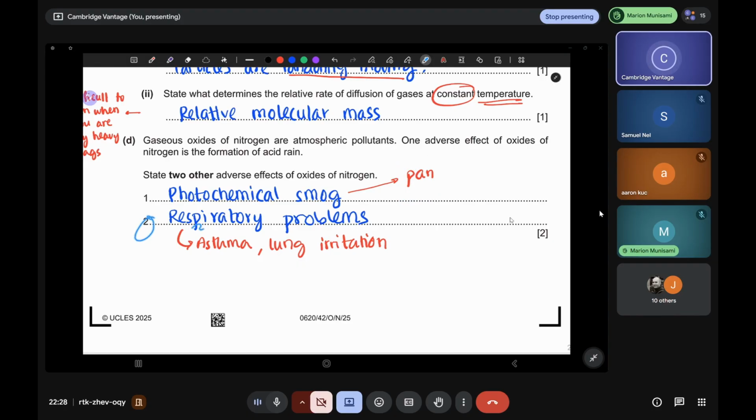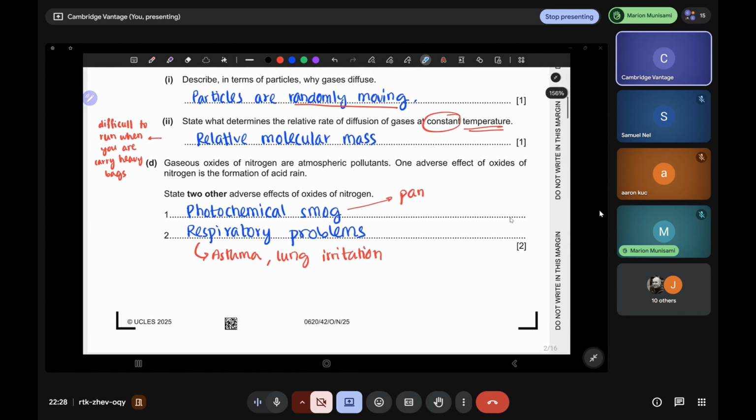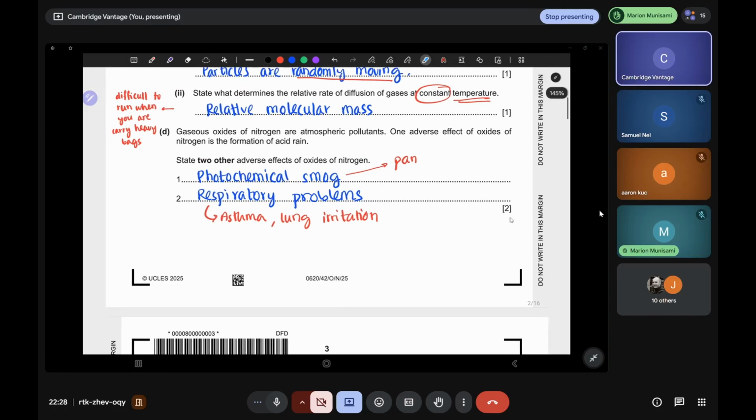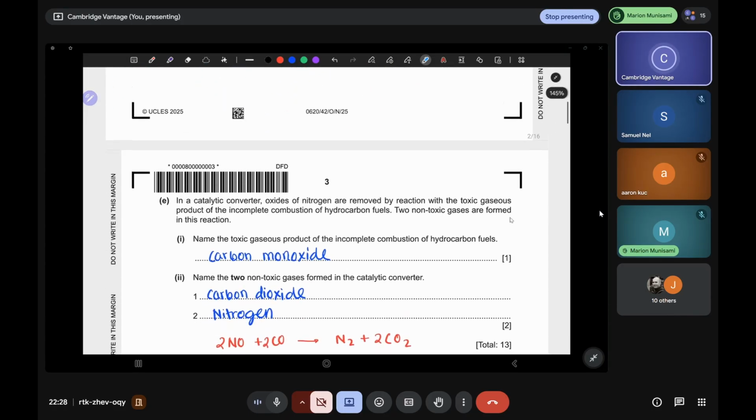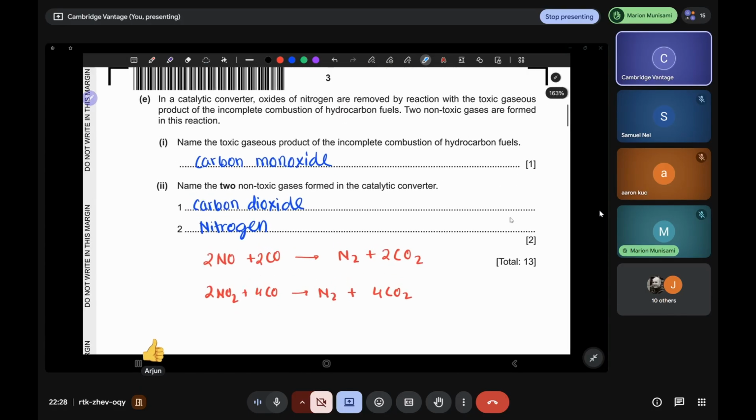The second one being respiratory problems, and the main ones being asthma and lung irritation. You should write respiratory problems. Do not directly write asthma or lung irritation. All right. So these are 2 points that you should just memorize. These are easy marks that you will get if you just go through the notes for this chapter. In that case, we move on to something else.